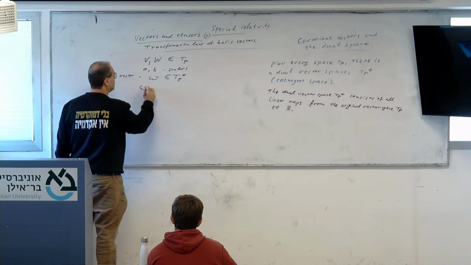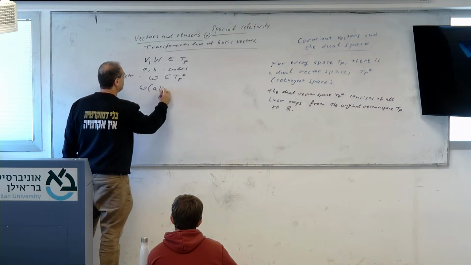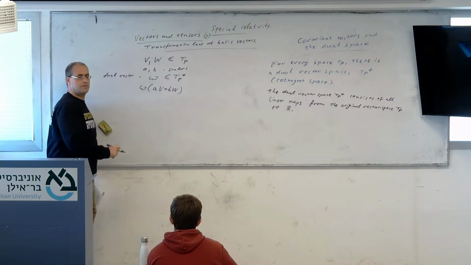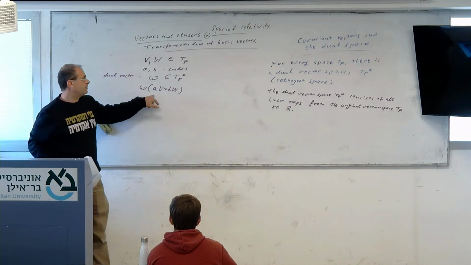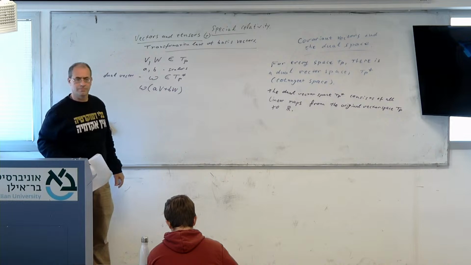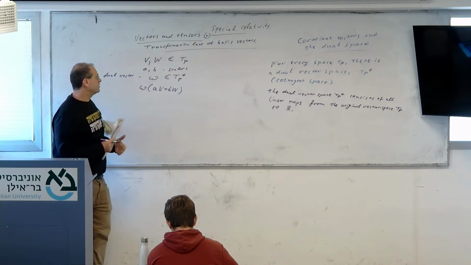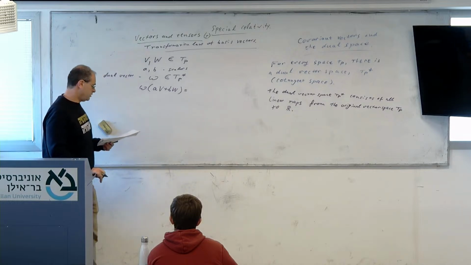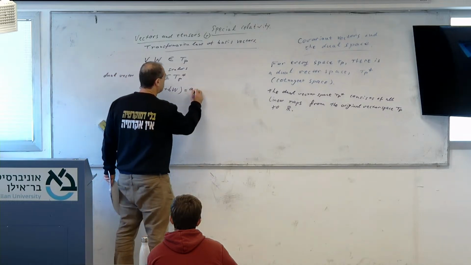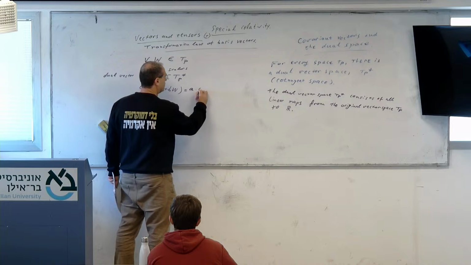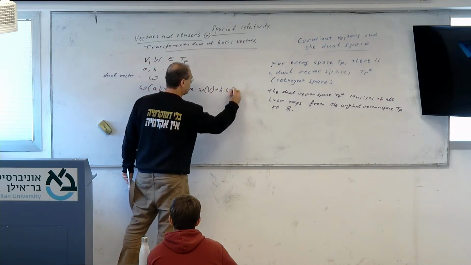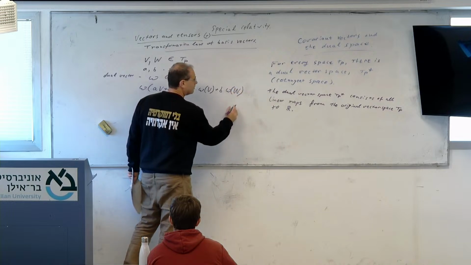It means that omega that acts on A V plus B W, which is a vector, because TP is a vector space, so any linear combination of two vectors is a vector, is equal to some number: A times omega acting on V plus B times omega acting on W.